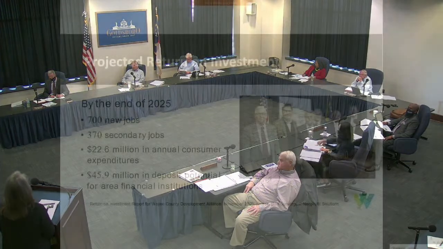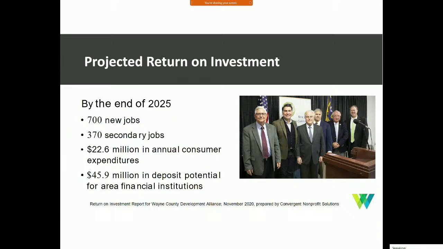Our team at Convergent in the Outcomes Lab runs an economic impact analysis on these jobs that are being targeted, to see what we could project over the next 5 years as a result of recruiting those 700 new jobs. So the ultimate result of the 5-year projection would be 1,070 new jobs and $22.6 million in annual consumer expenditures.